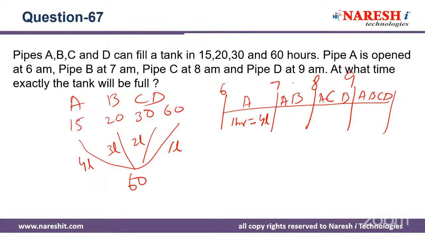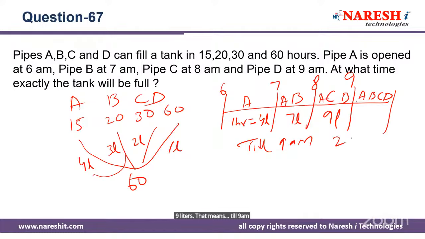From 7 to 8, both A and B in 1 hour can fill 4 plus 3, 7 liters. From 8 to 9, A, B, C can do 4 plus 3 plus 2, 9 liters. That means till 9 a.m., 20 liters is filled.